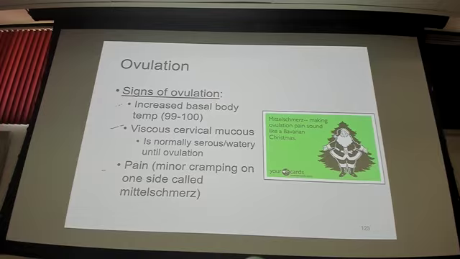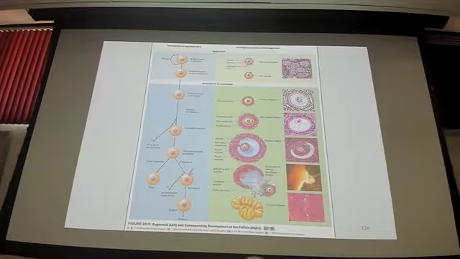If the patient can recognize the signs of when she is ovulating, that is of course the optimum time to try to fertilize that egg. So you can increase your chances of fertility if you can recognize the signs. Being able to communicate these to your patient is good counseling if the patient is trying to achieve fertility. Okay?